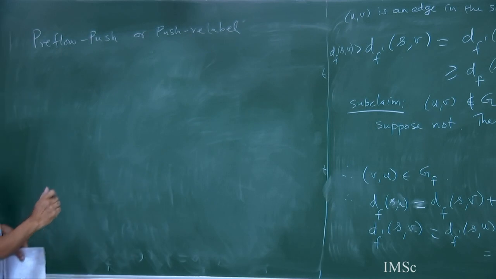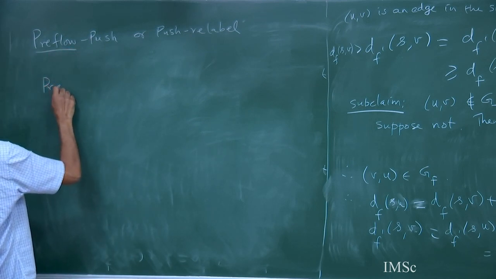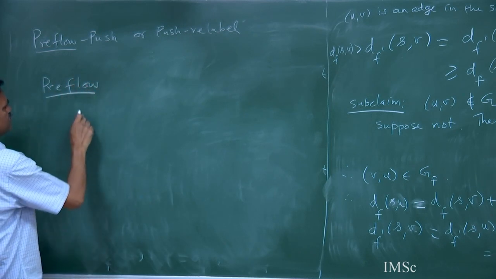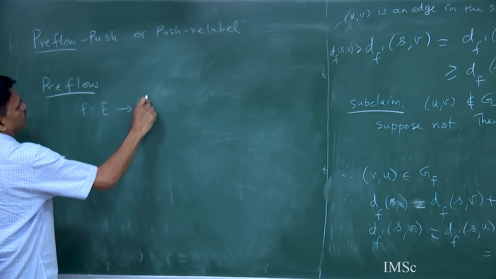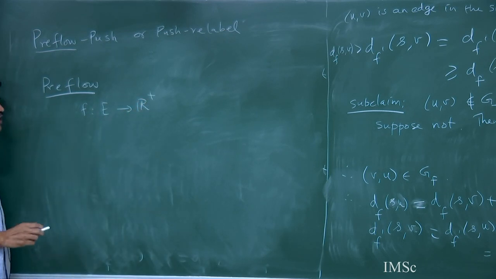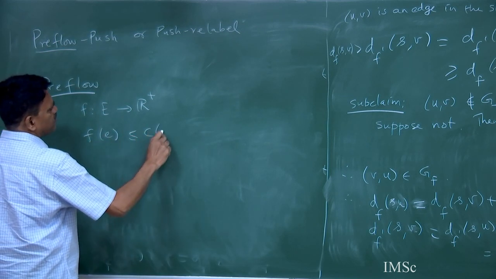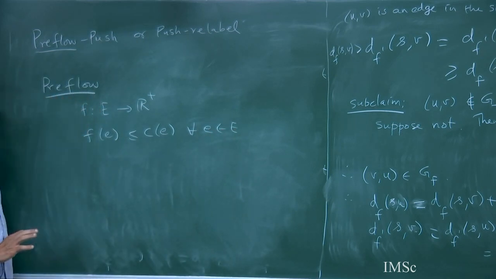Okay. So what we actually will have is what is called pre-flow, not a flow. What is pre-flow? This is again a function f from E to non-negative reals, and f of E is less than or equal to capacity of E. That's it.